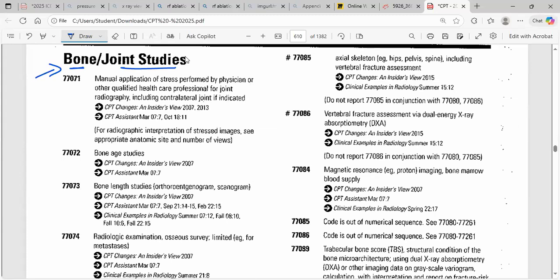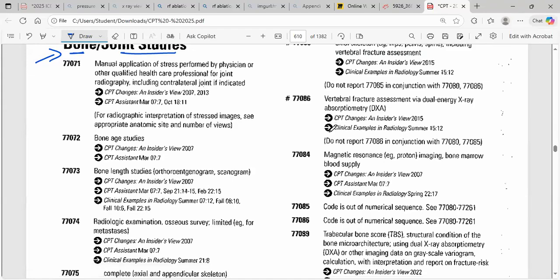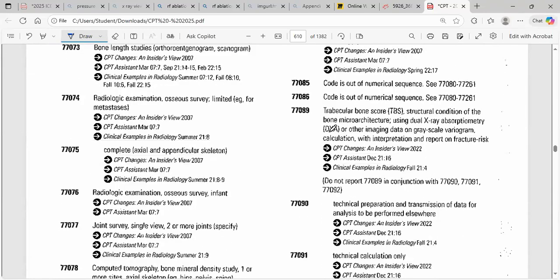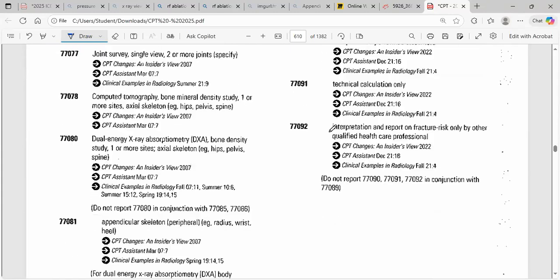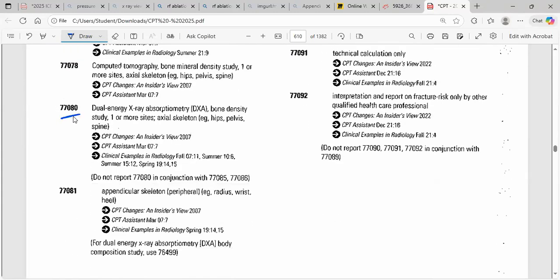So in this section, we have a code for the DEXA, 77080. Our DEXA codes are based on the axial skeleton and the appendicular skeleton. So the DEXA performed on the axial is 77080 and appendicular is 77081.